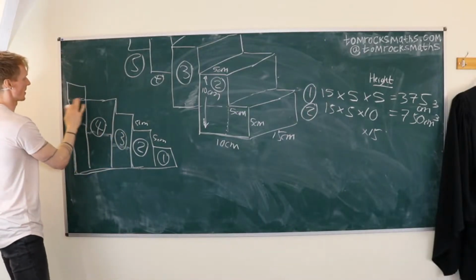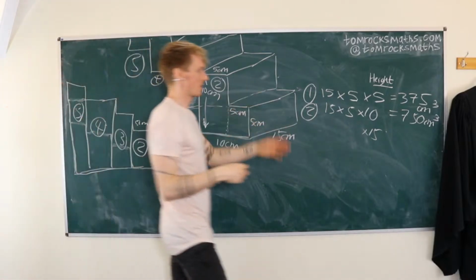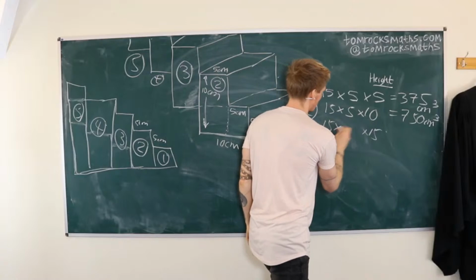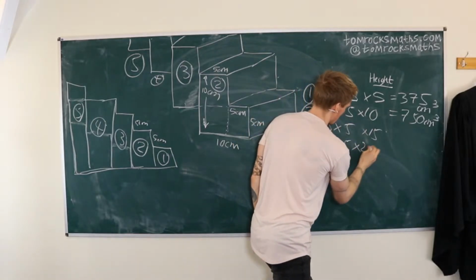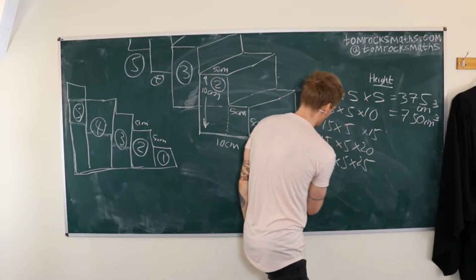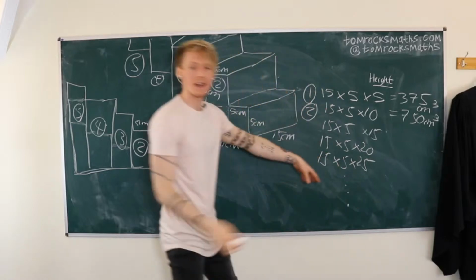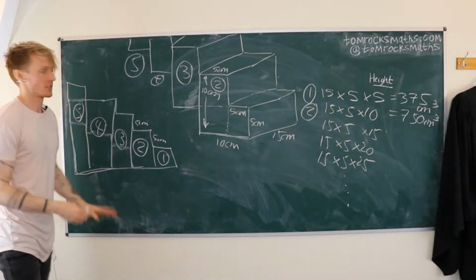Whoops, that should be up there. 5 is going to be 25. And so we can get 15 times 5 times 15, 15 times 5 times 20, 15 times 5 times 25. And we can just continue in this way, depending on how many steps we want to add into our system.